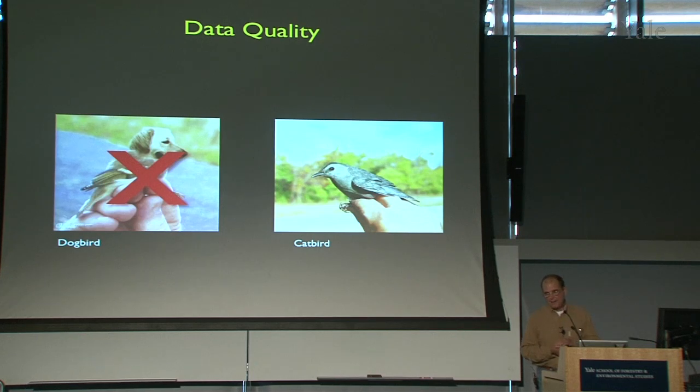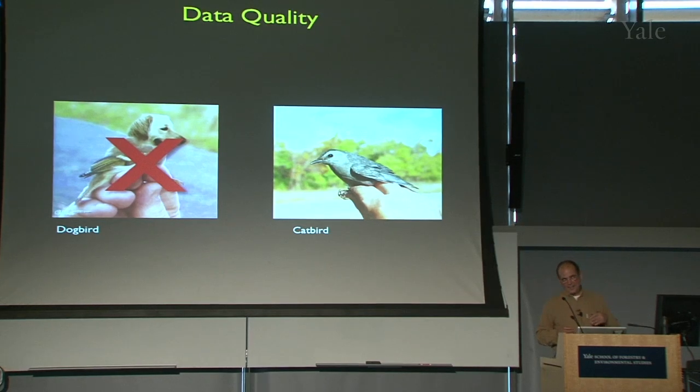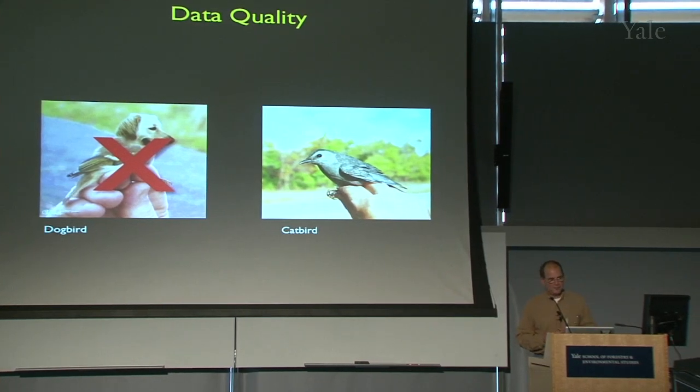Roughly about 10% of the data that we currently get gets flagged for review, and about half of that gets rejected. Currently, we just received funding from the National Science Foundation to begin employing some new machine learning tools to allow us to begin to understand observer expertise better and use those in our models.